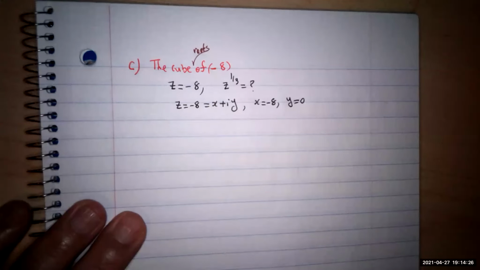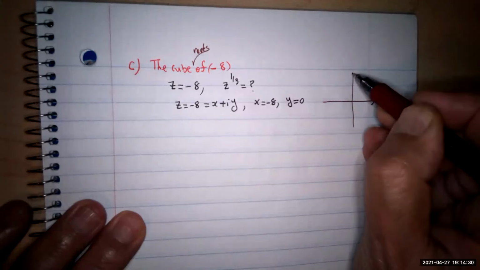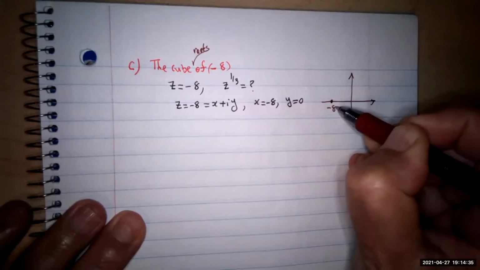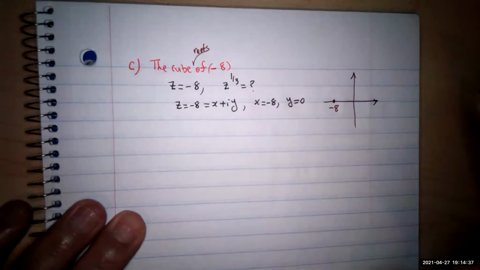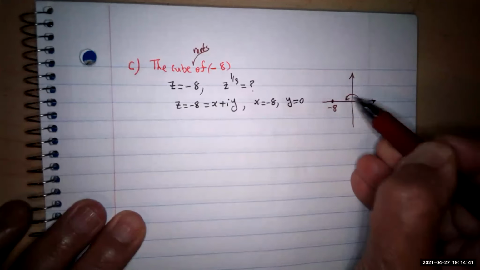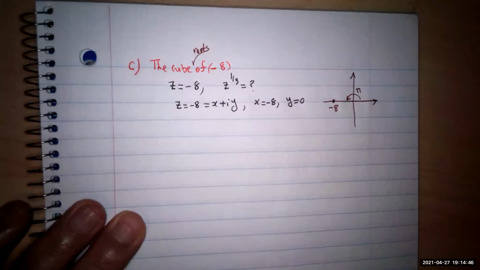So let's see. This is going to be -8. For this one, you've got to be careful. The angle in question is pi. It's -8, so the angle would be pi.